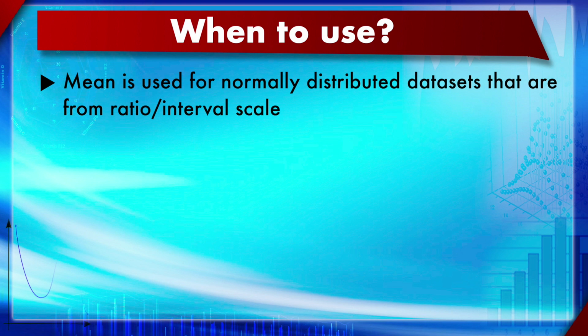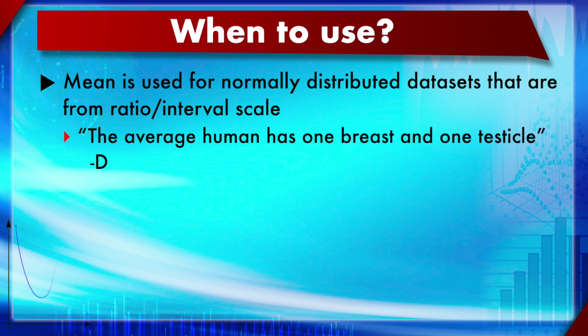Small departures are tolerable, but if the departure is too significant, then the mean is not a good measure at all. The average human has one breast and one testicle, as the joke goes. If the distribution is not normal, there is no point in going for the mean, and mean conveys no meaningful information at all in skewed data sets.